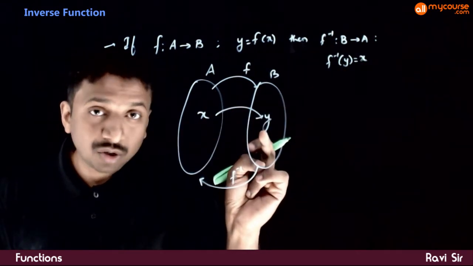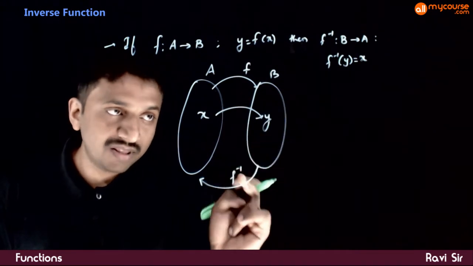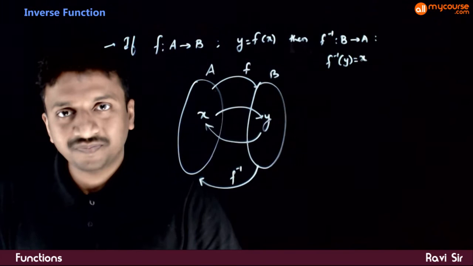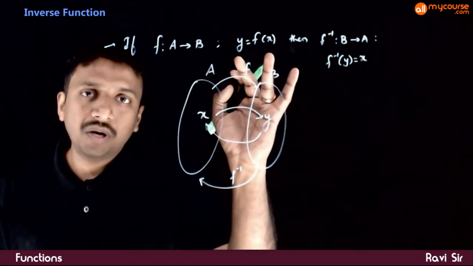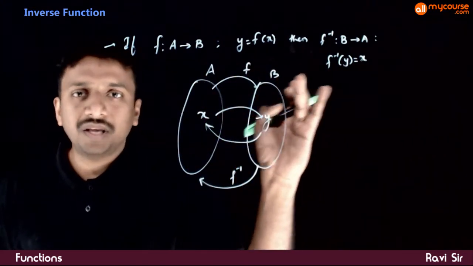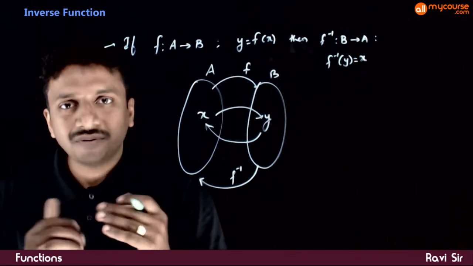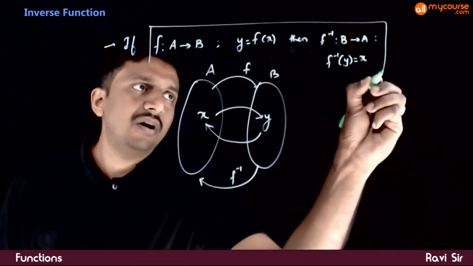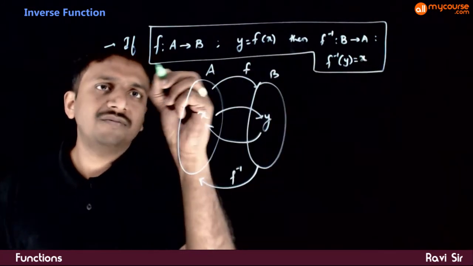The image of the element y with respect to f inverse is going back to x. So if y is equal to f of x, then x will be equal to f inverse of y. This is the basic definition of the inverse function.